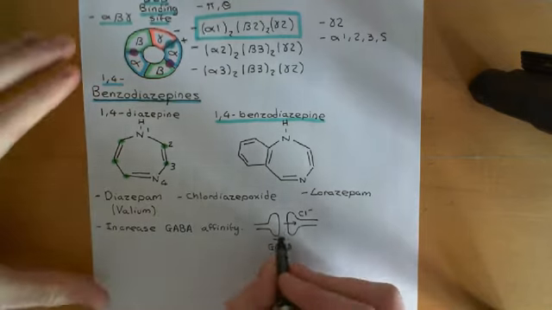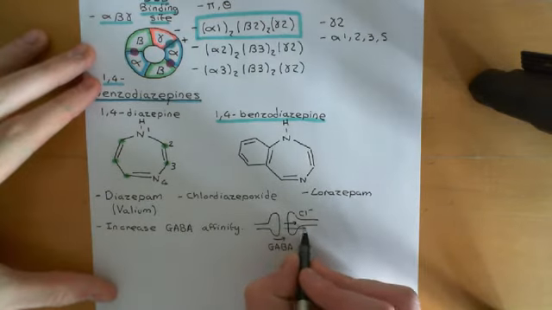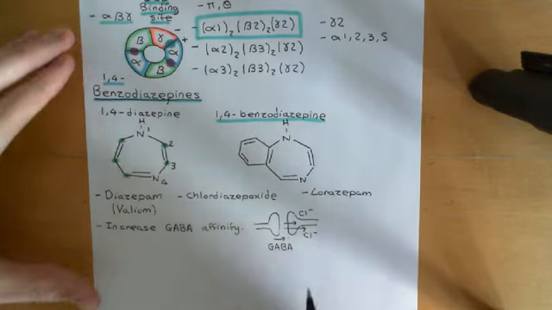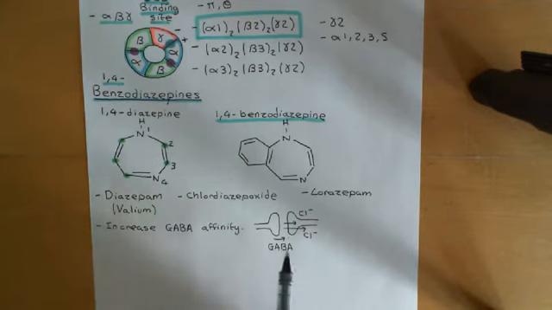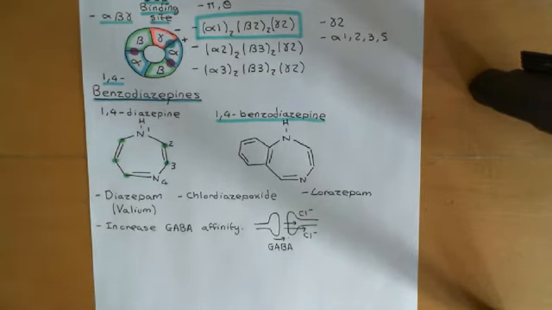And that means more GABA A receptors are going to open, and therefore the chloride current is going to increase. So the inhibitory effect on the postsynaptic neuron of this inhibitory synapse is going to go up. You're going to have stronger inhibition being provided to neurons all over the brain when you take one of these benzodiazepine drugs.